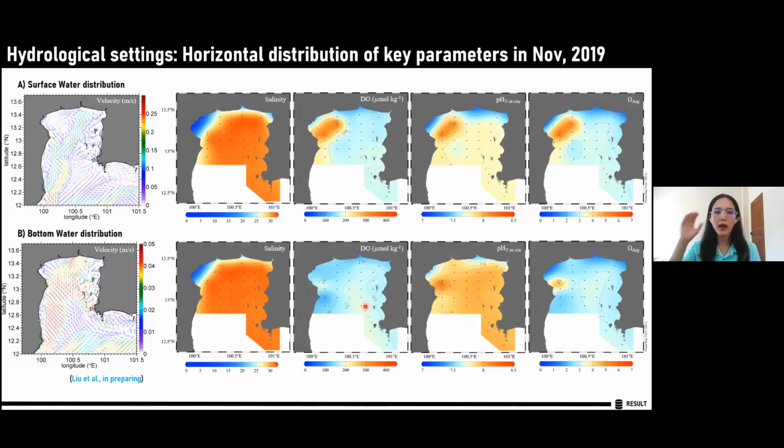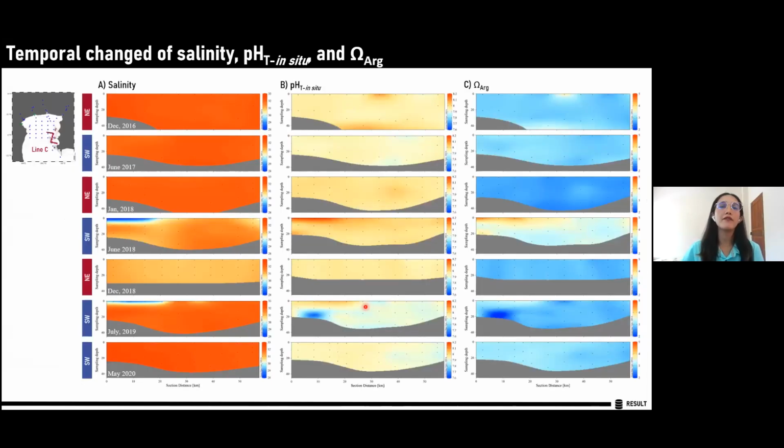And in this one, we are looking at the temporal change of pH and aragonite from the Light Sea because we have a longer time series of data there. This data series shows the identical property in terms of salinity and temperature.